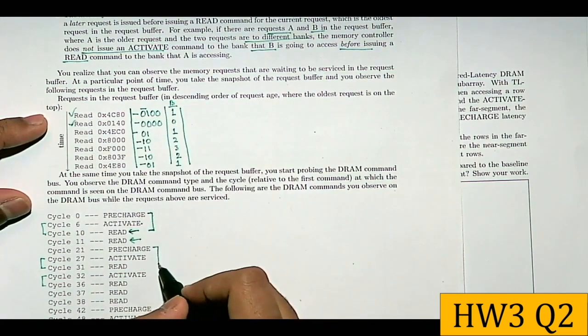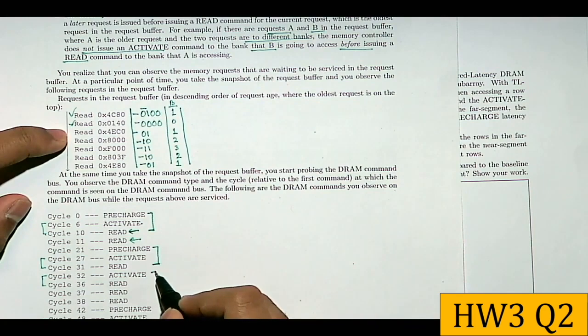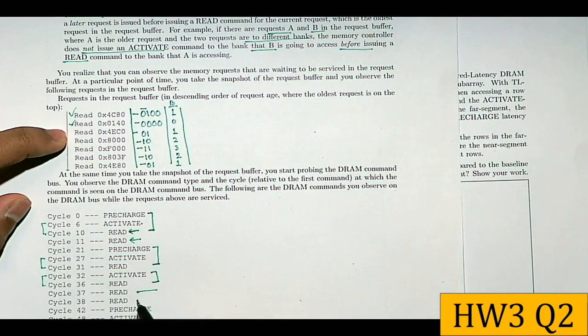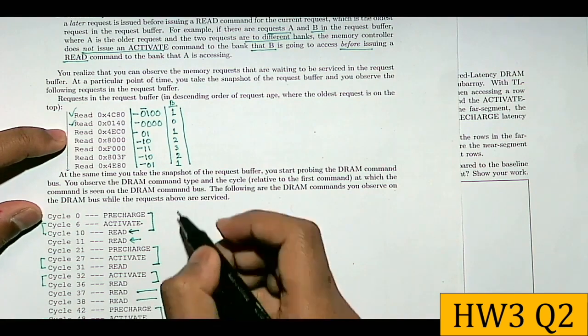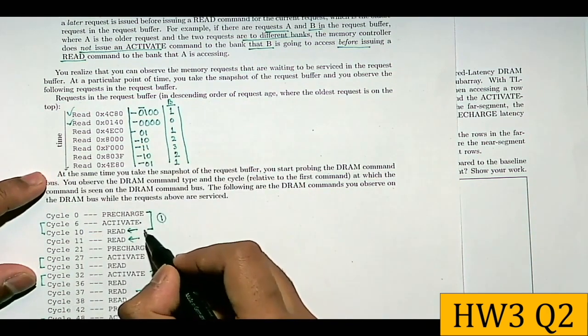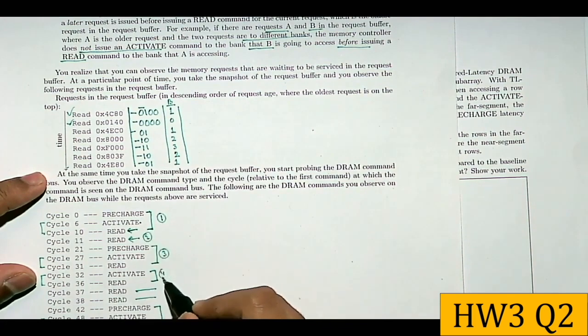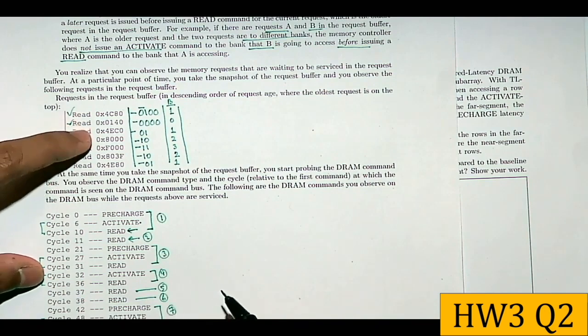Then the 3 command sequence happened for the third access. These 2 are for this read. This read goes independently, this read goes independently, and then these 3 are for the last access. So this is access number 1, this is access number 2, 3, this is 4, 5, 6, and 7. Do we have 7? Yes, we have 7.